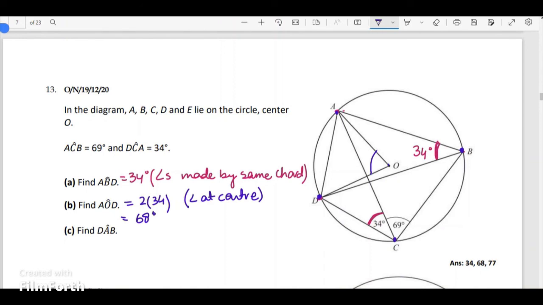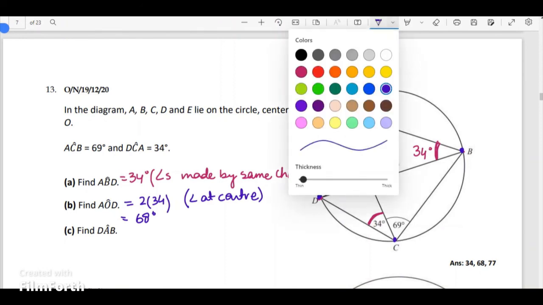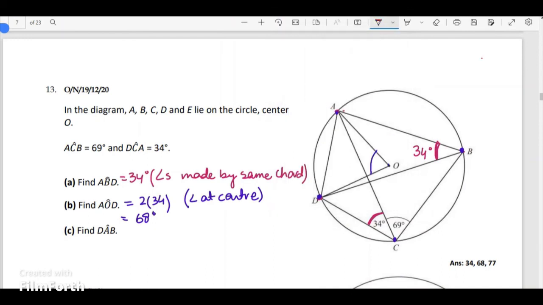Next, we have to find DAB. D, A, and B. So this would be this angle right here. This whole angle is what we have to find. This DAB, if you look closely, lies in this triangle that I'm marking with red.